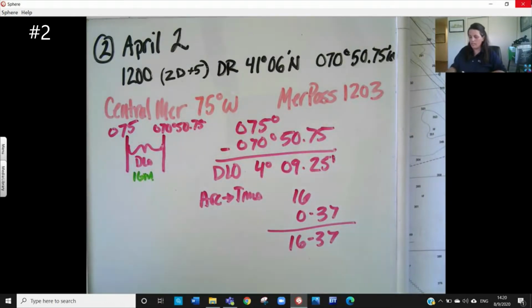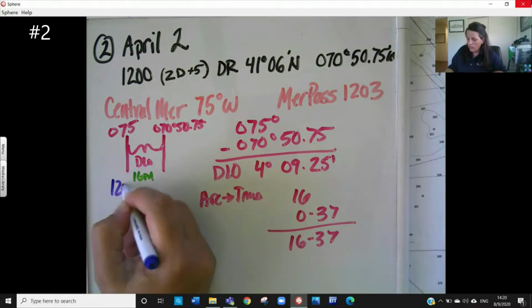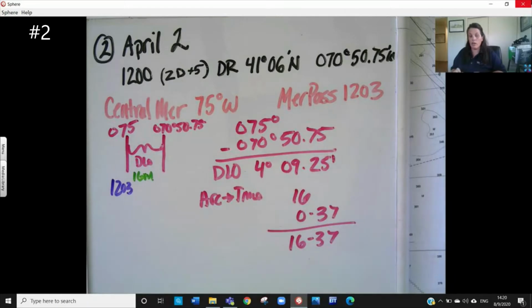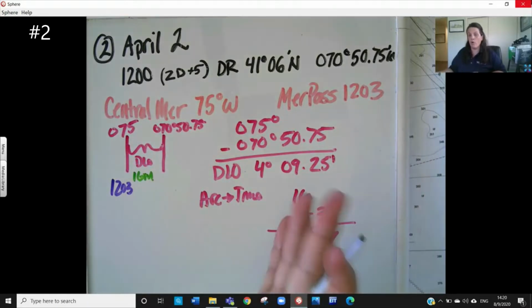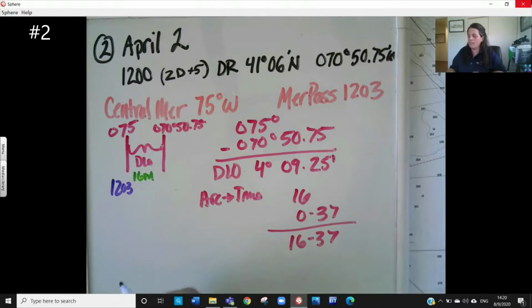So if it passes our central meridian at 12:03, when is it going to pass our meridian? It's going to happen before. So we're going to subtract that 16 minutes.